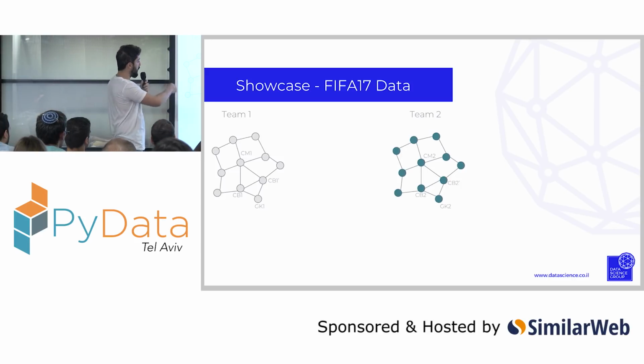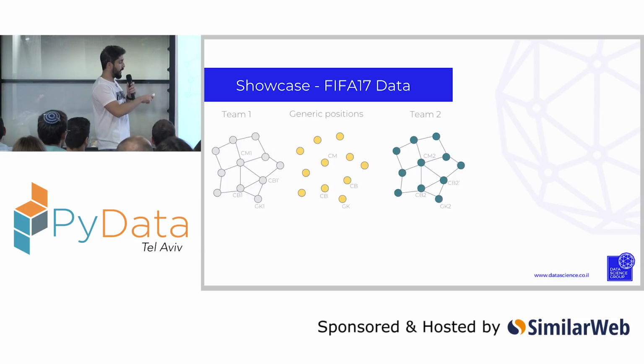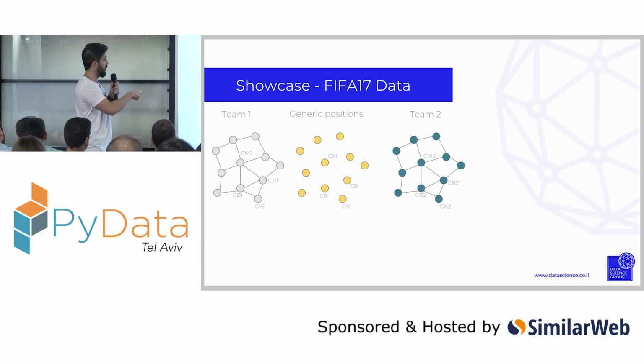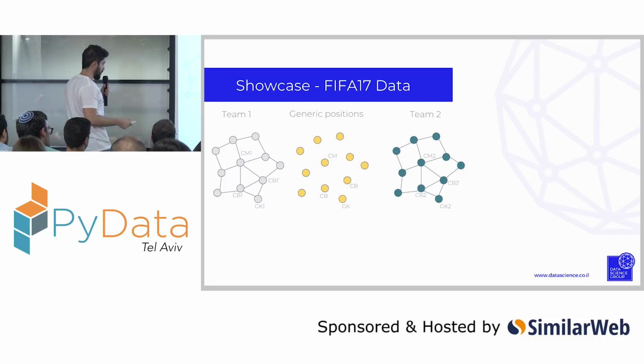Any team is going to be connected within itself according to the formation, and we're going to be adding the generic nodes. These generic nodes are also connected, but I didn't include the edges, so I will be able to explain what's going on.